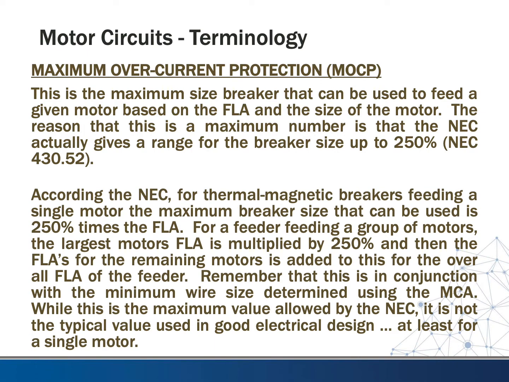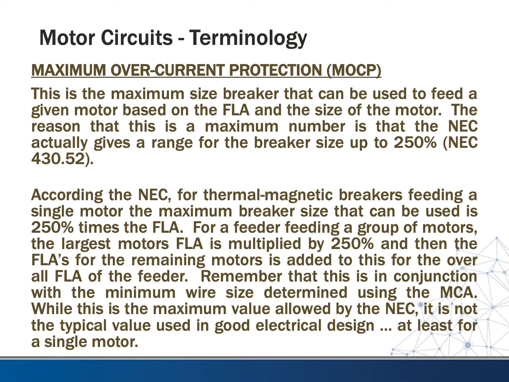According to the National Electrical Code, for thermomagnetic breakers feeding a single motor, the maximum breaker size that can be used is 250% times the full load amps. For a feeder feeding a group of motors, the largest motor's FLA is multiplied by 250%, and then the FLAs of the remaining motors are added to this overall FLA of the feeder.